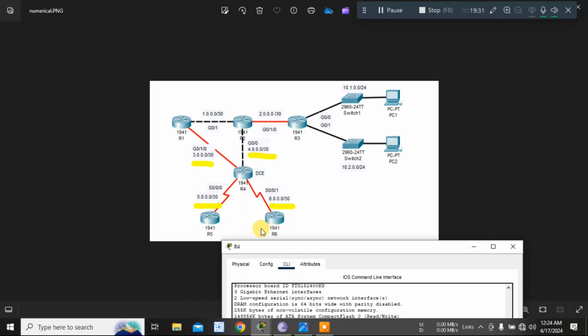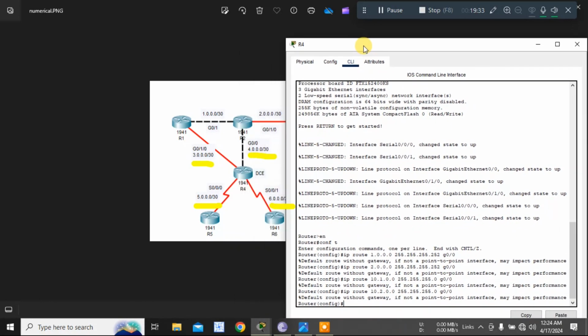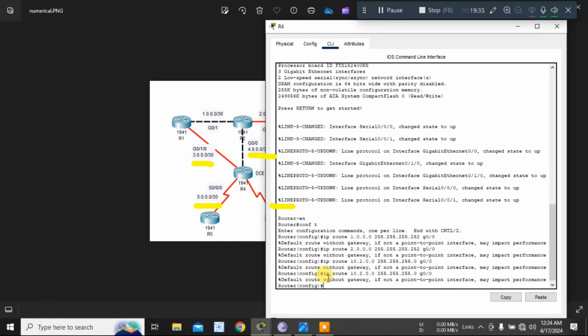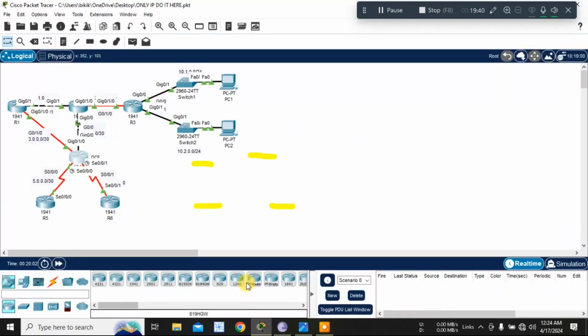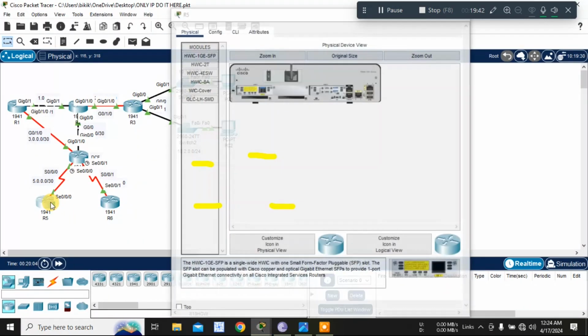Now for router number 5 and router number 6. I have done router number 4, now let me move to router number 5.